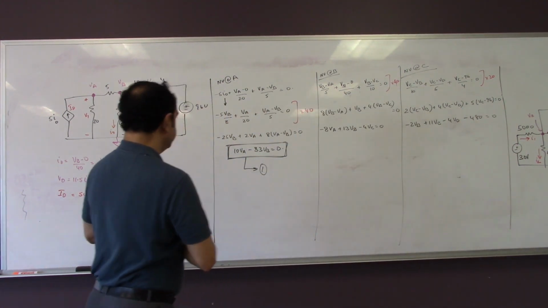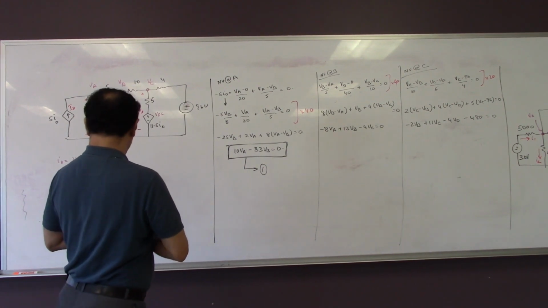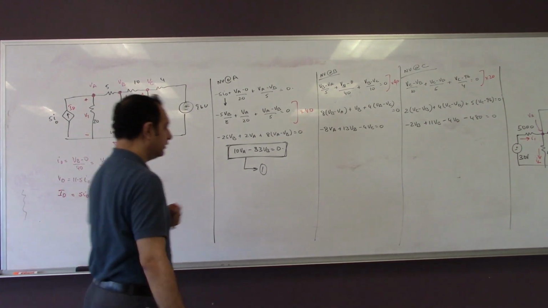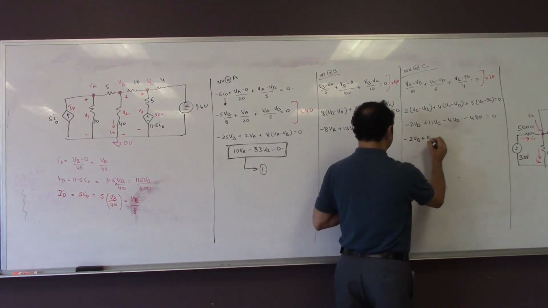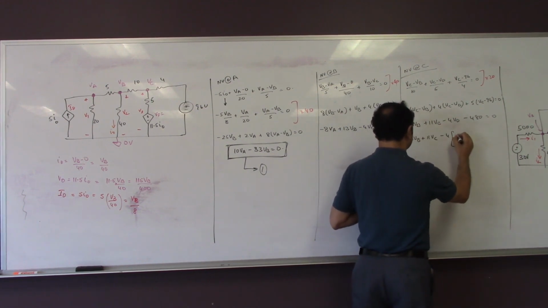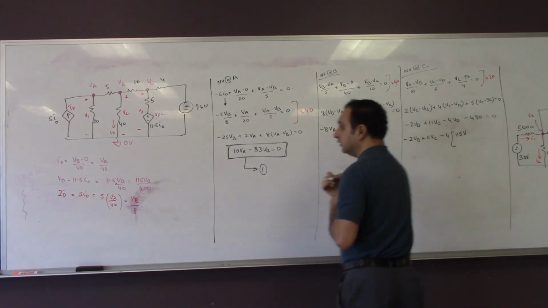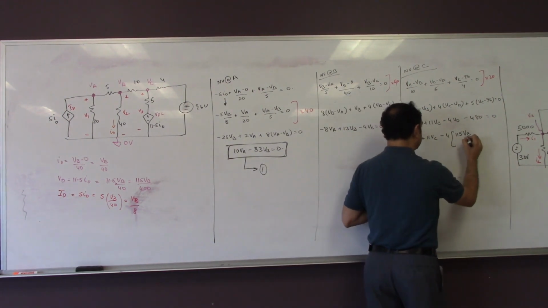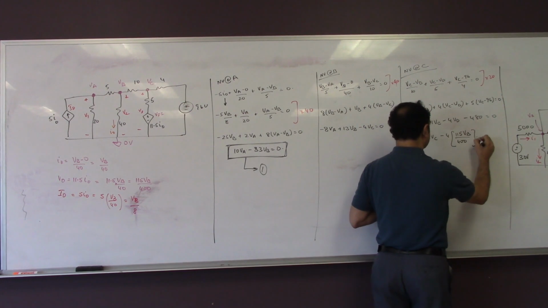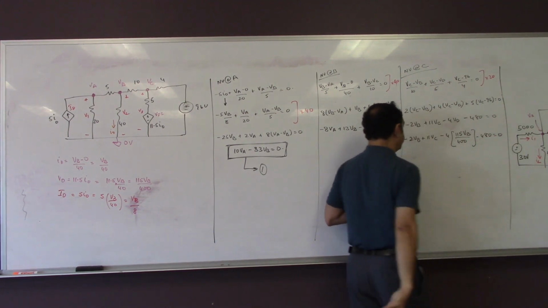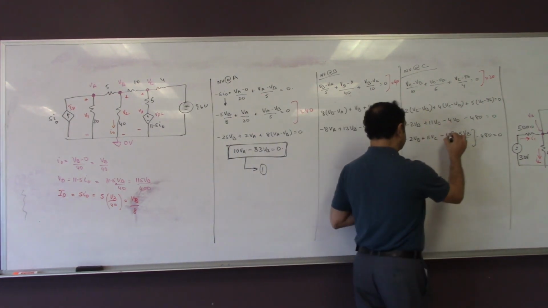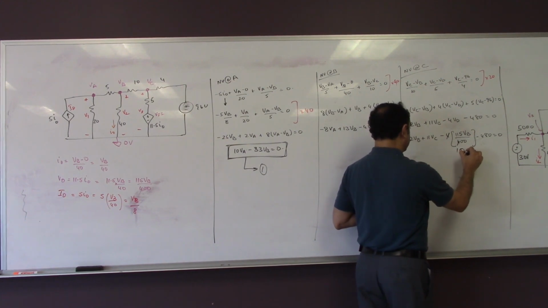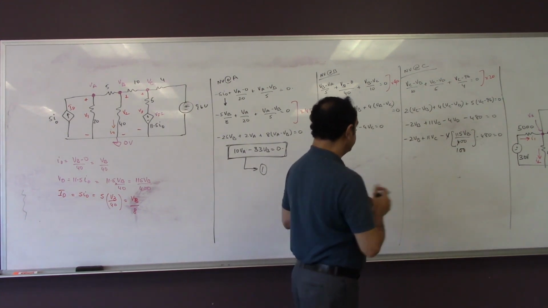So all we need to do is rewrite VD. Let's rewrite VD. That will be equal to minus VB plus 11 VC minus 4 times VB by 400. I can cancel this 100 times.